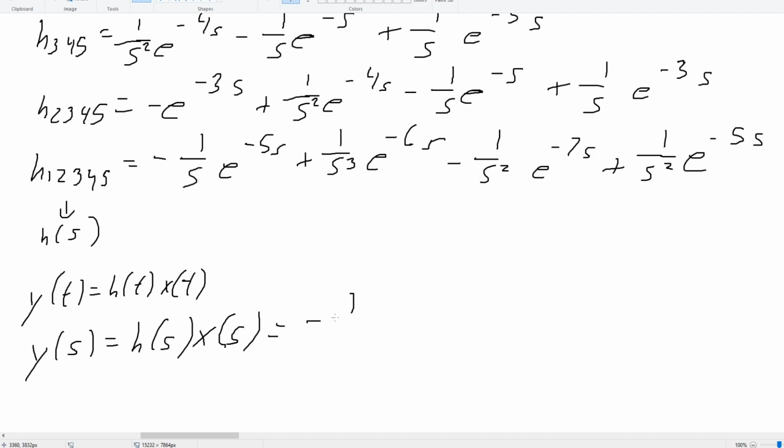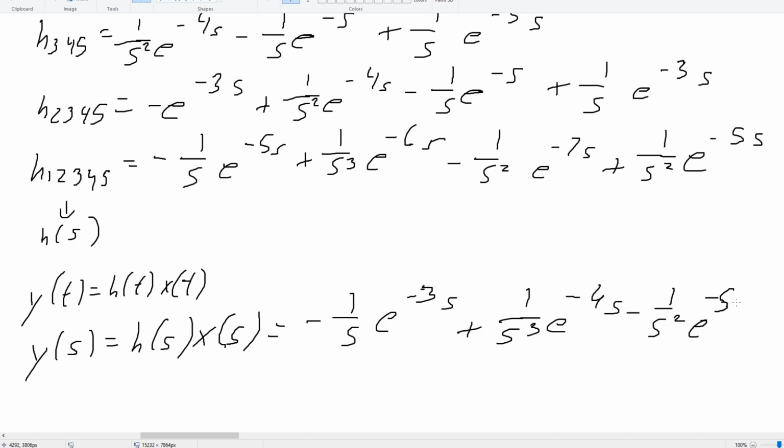It's going to turn into negative 1 over s e to the negative 3s plus 1 over s cubed. If this was a u of t function, then this would be s to the fourth, and we don't want that. E to the negative 4s minus 1 over s squared e to the negative 5s, plus 1 over s squared e to the negative 3s.